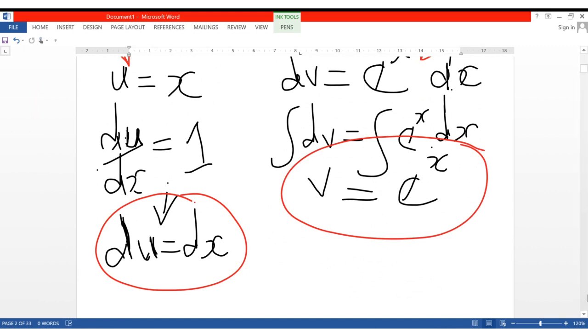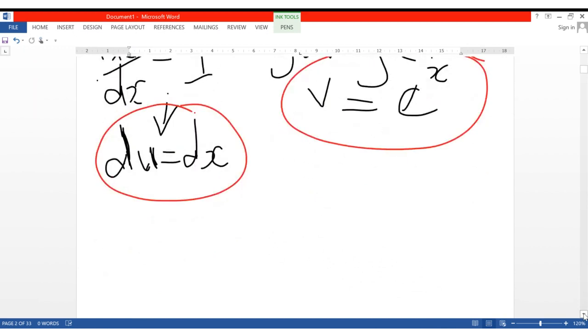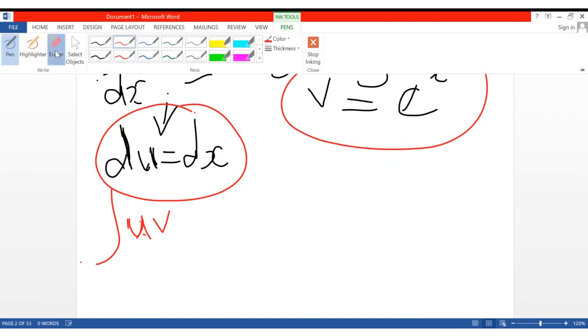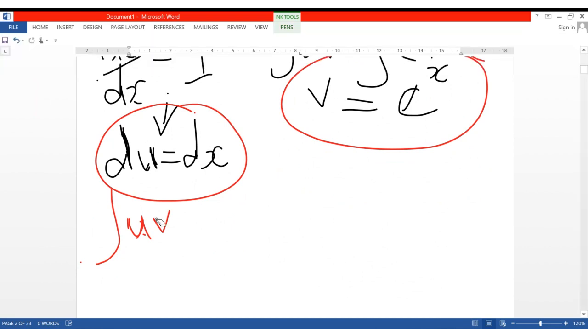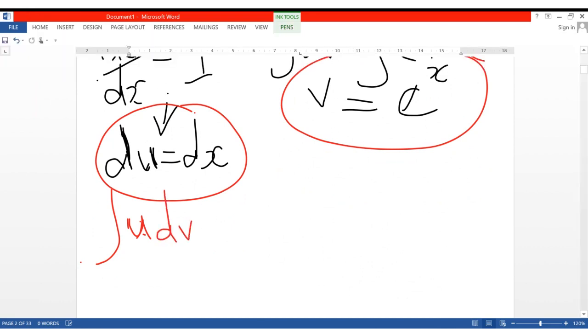You must remember the formula. The integration of u dv was given by uv minus the integration of v du.